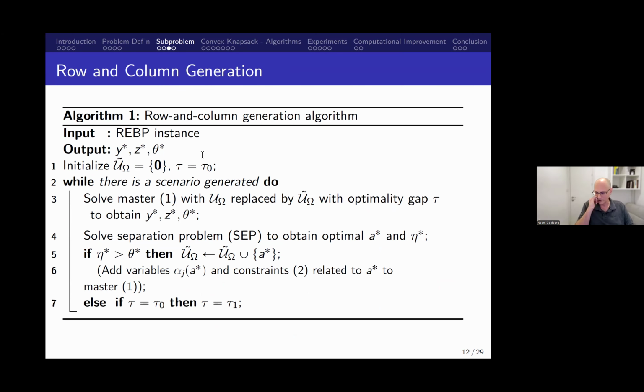with our row and column generation approach, before we study the subproblem. This is the standard approach. It's a perfect recourse. In this case, we solve the master with a given subset of scenarios. What's somewhat special in our approach to solving the master is that we start with a loose optimality gap and tighten it later during the algorithm.